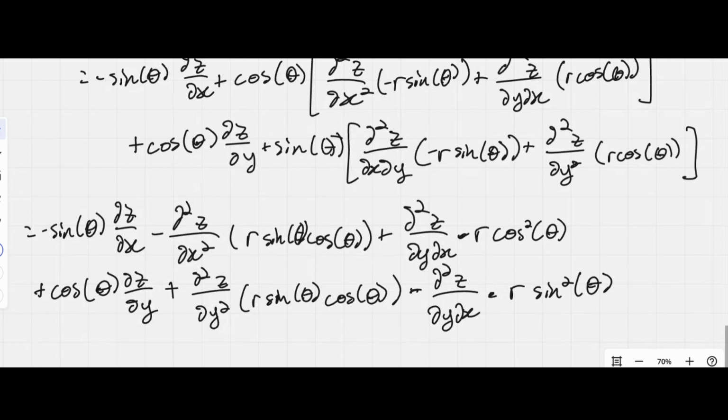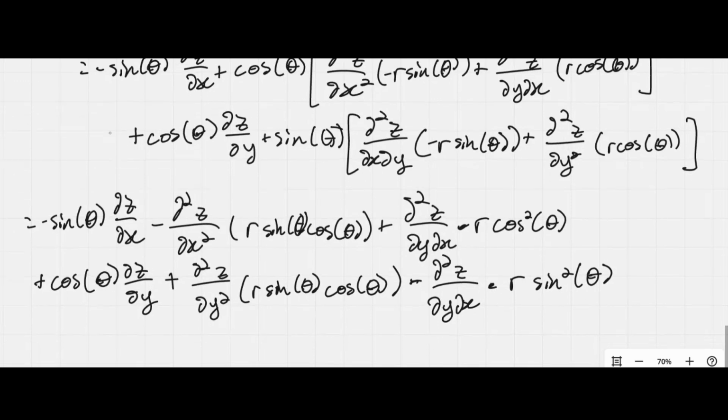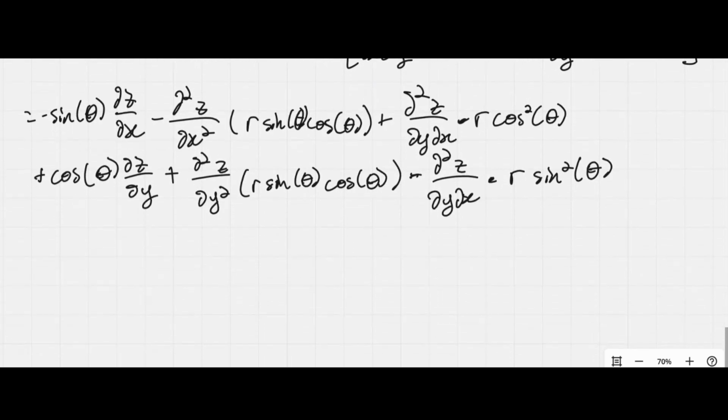And so how can we combine these terms now? This is pure algebra. In order to combine these terms, we can clearly combine this r cosine squared theta and that r sine squared theta.